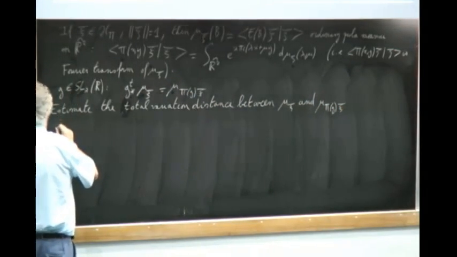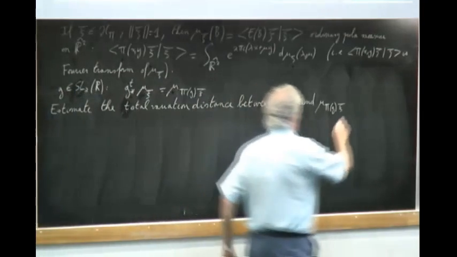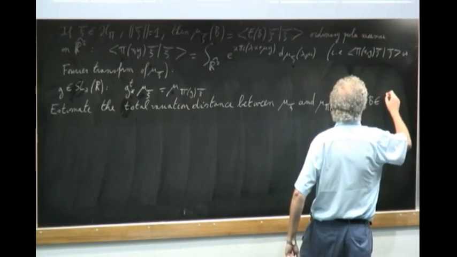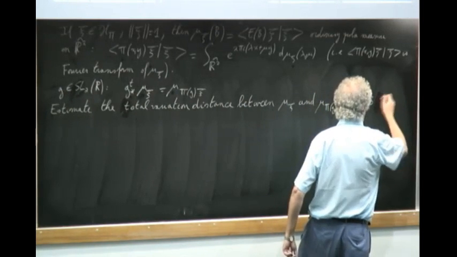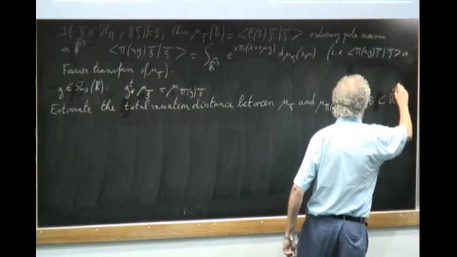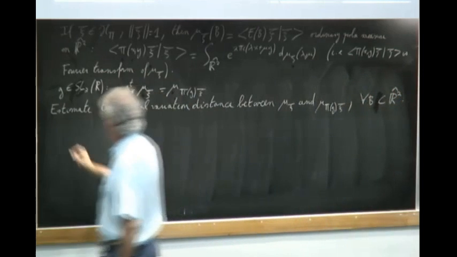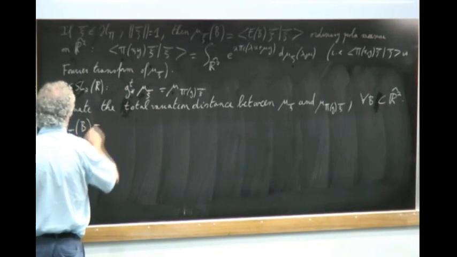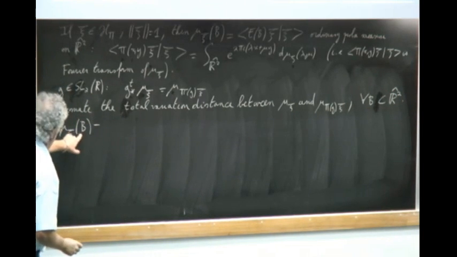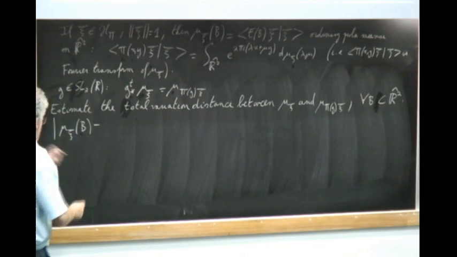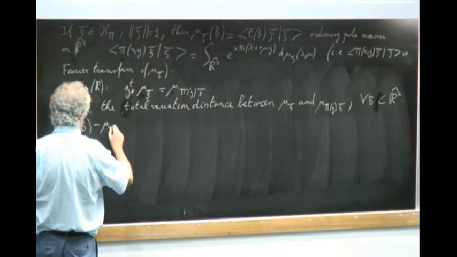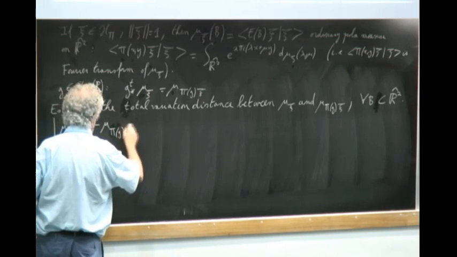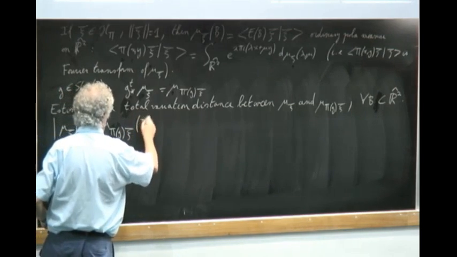So you pick a Borel set B in R2 hat, and you compare the values of these probability measures on B. So mu psi minus mu pi of g psi of B.